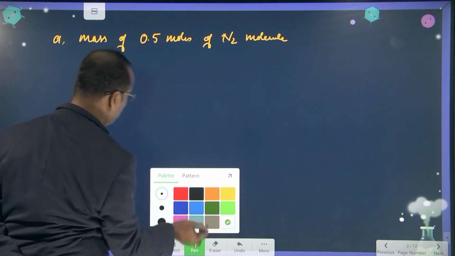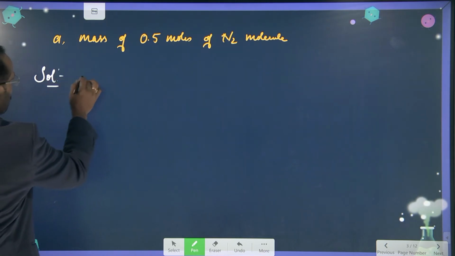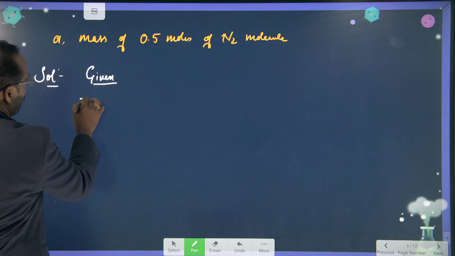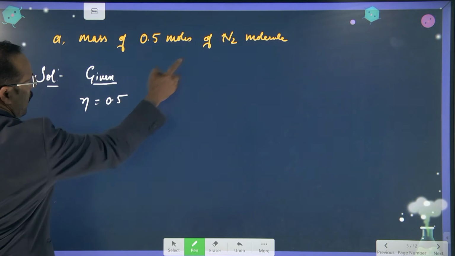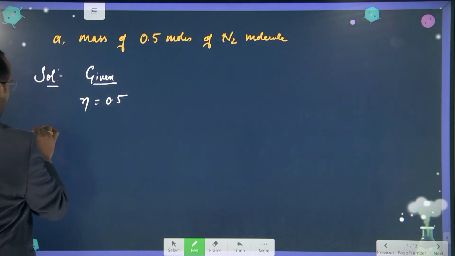Shall I explain one sum to you? First you write what is given here. Given number of moles, denoted by small n, is 0.5, and you should know the molecular weight.